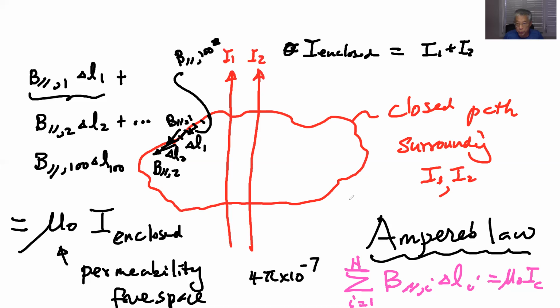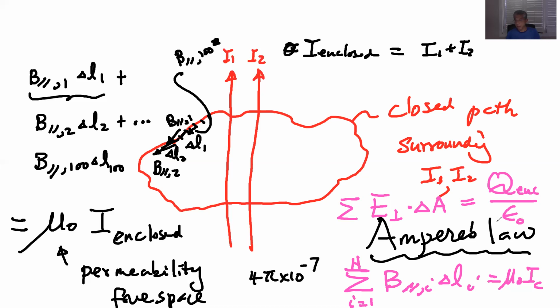Remember in Gauss's law, we have the summation of E perpendicular times delta A, the area, with i from 1 to N, which is equal to Q enclosed divided by the permittivity of free space, okay?